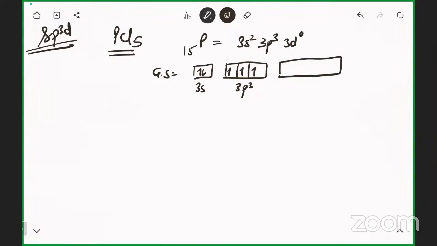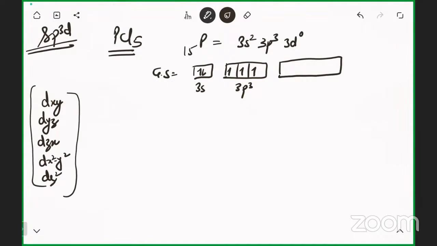Can anyone name them? dxy, dyz, dzx, dx square minus y square, dz square. Okay, just note it down somewhere so that you will remember this.